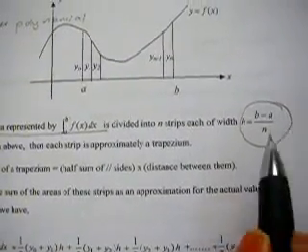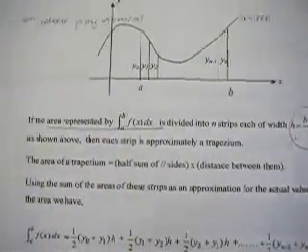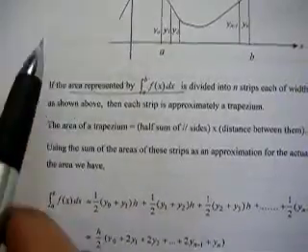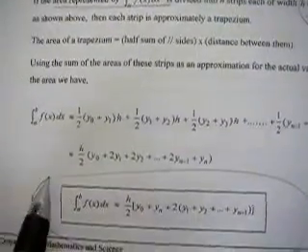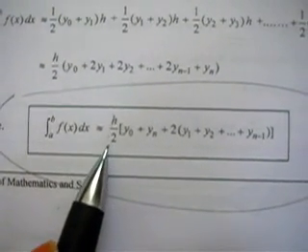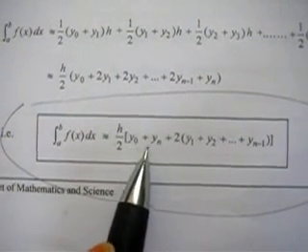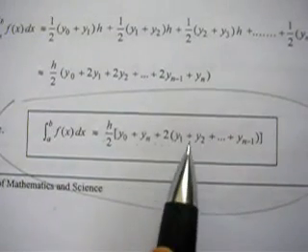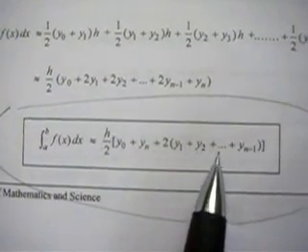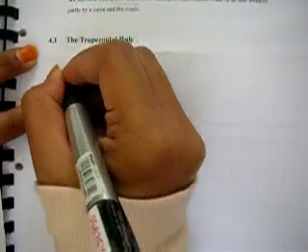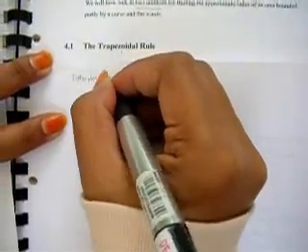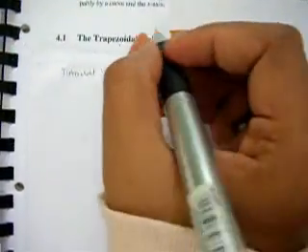This is the formula to find h. So the formula for the trapezoidal rule is given right here: h over 2 times [y0 plus yn plus 2 times (y1 plus y2 and so on)]. I'll explain more about how we apply the trapezoidal rule by using the question in tutorial 4, question 1.